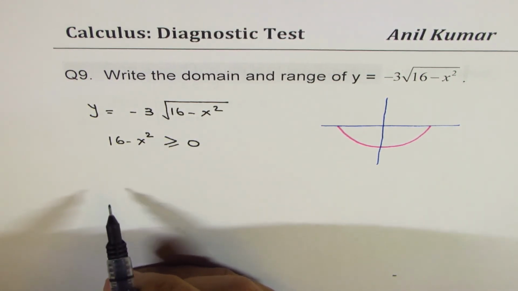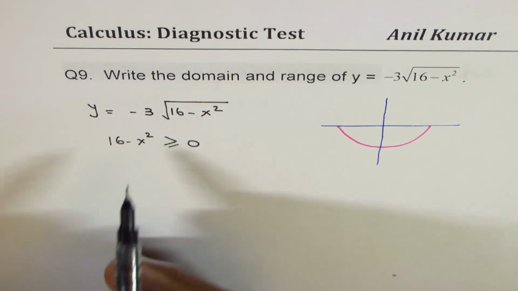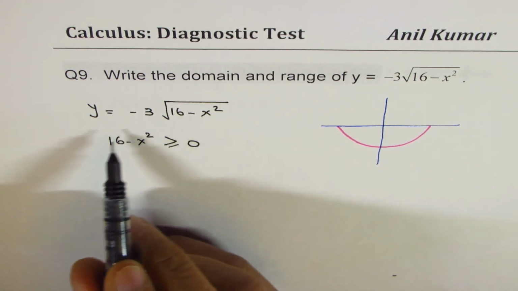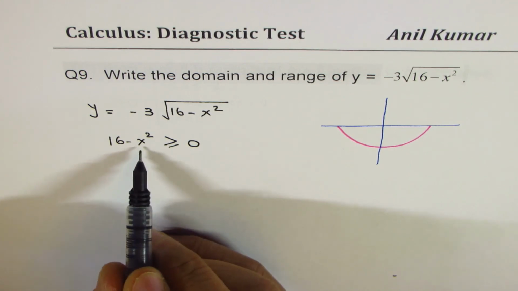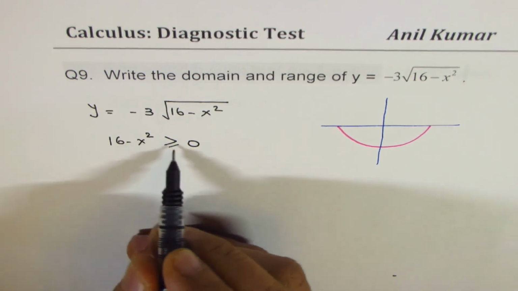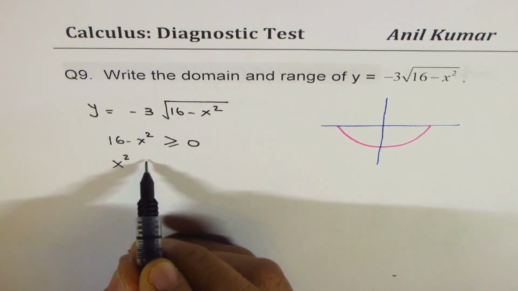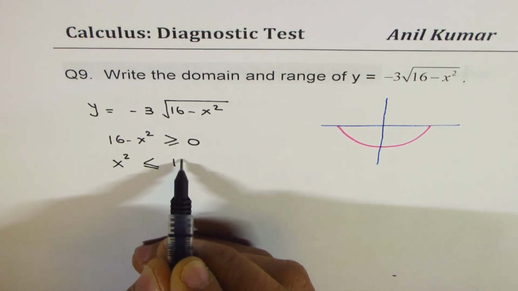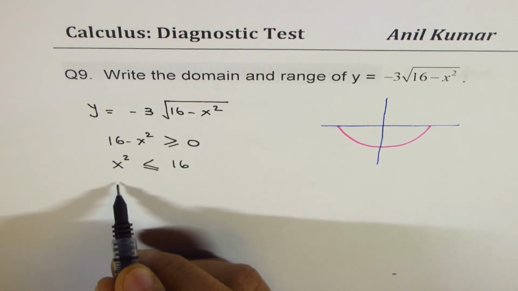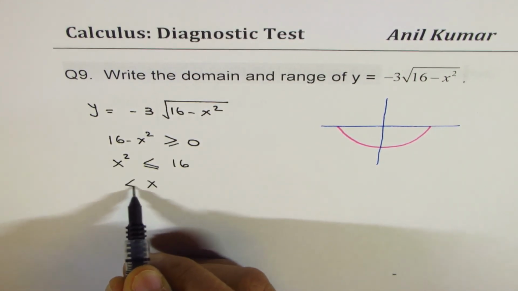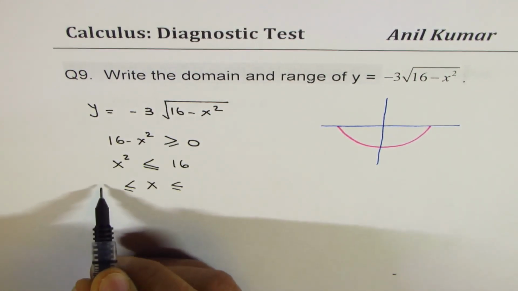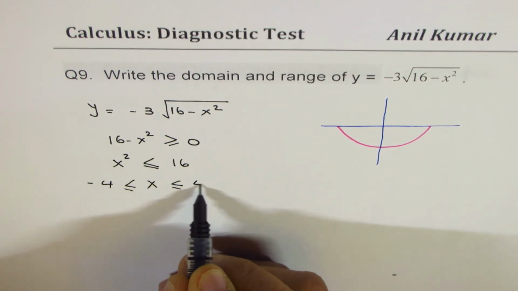Correct? Now, if this is greater than or equal to 0, what is x? Well, you can take x square to the other side: x square is less than or equal to 16. Perfect. Or x is between minus 4 and plus 4.